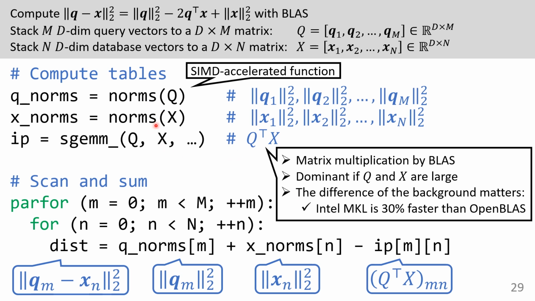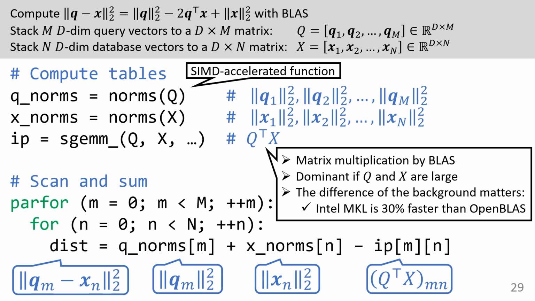Then after that, they scan and sum, with parallel for on the query side and for on the database side. Then each distance is computed just by fetching item m, fetching the norms, and the inner product, right? So this is the same as this part. Okay, so by using that, they use matrix multiplication to compute nearest neighbors.